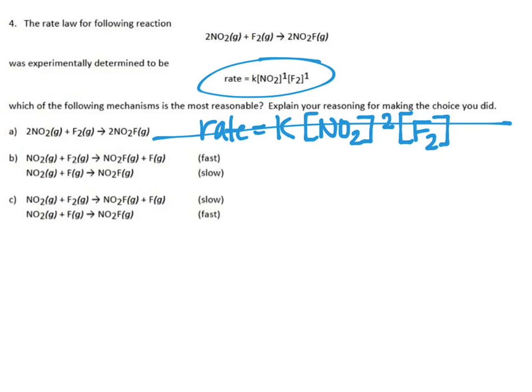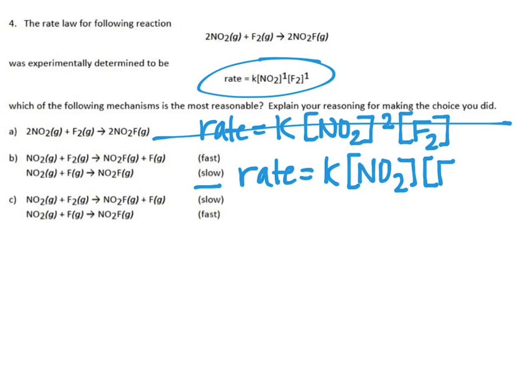I go to the next one, and I go to the slow step, and we write rate is equal to K NO2 to the first power and F to the first power. Does that look like the one they've given us? No. Why not? F is not a 2.